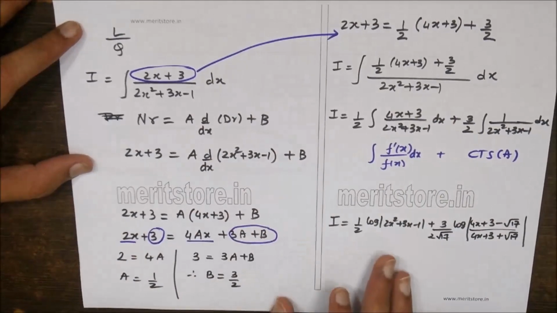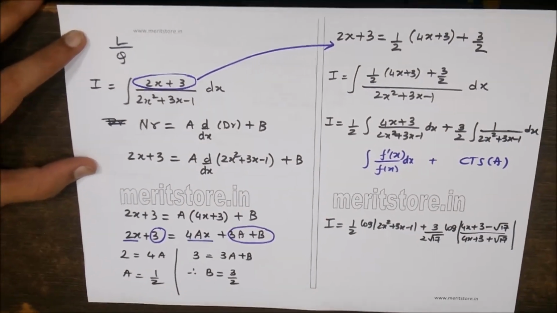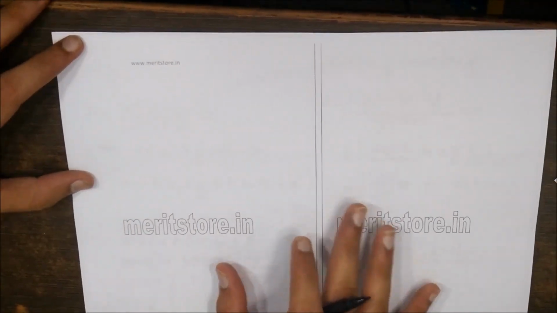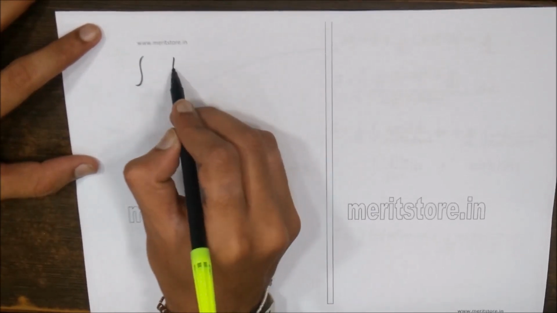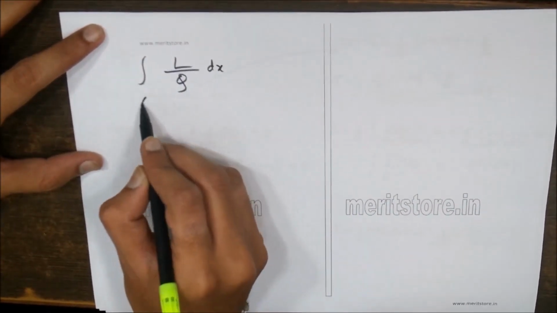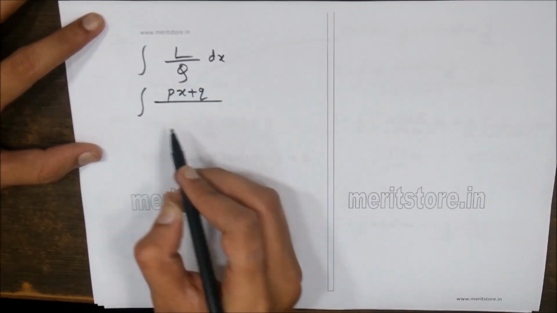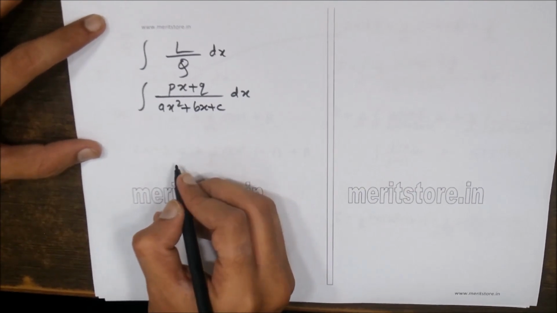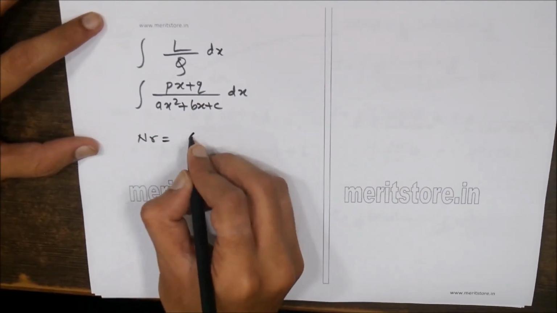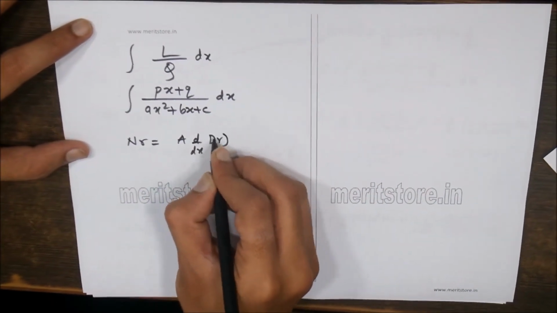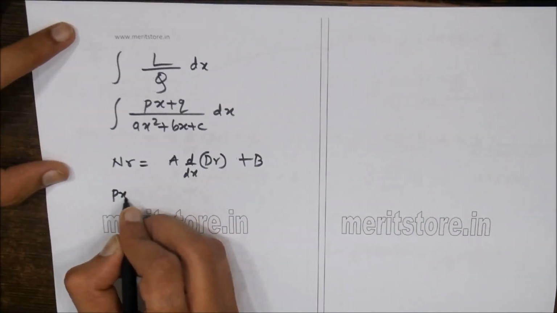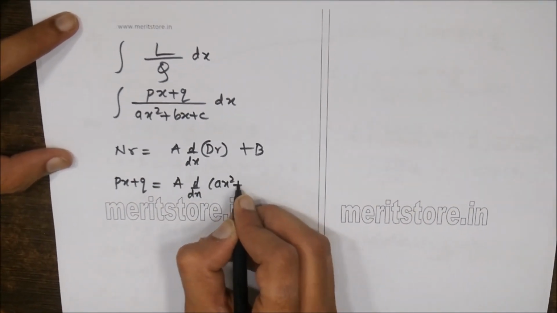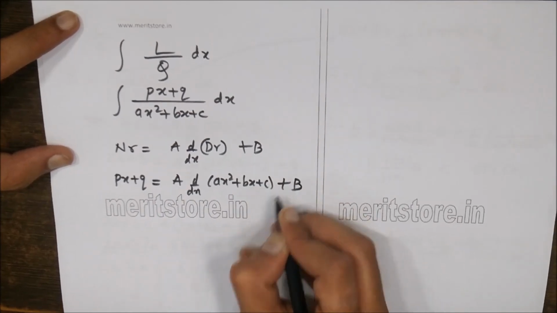So basically, after understanding this problem, our basic criteria of solving linear upon quadratic, always remember, whenever you are solving linear upon quadratic category, that is px plus q upon ax square plus bx plus c, the standard method is as follows. We will try to write the numerator as a times derivative of the denominator plus b. That is, px plus q will be written as a times derivative of ax square plus bx plus c plus b.